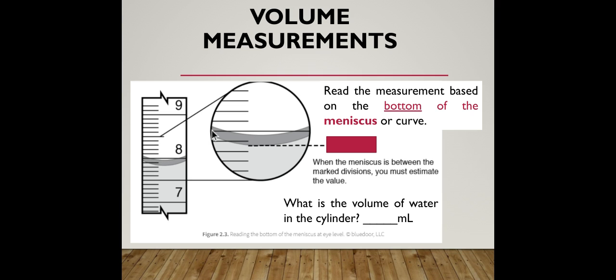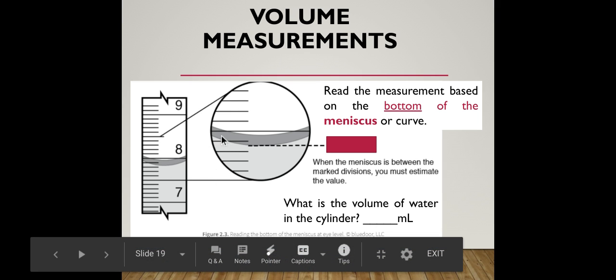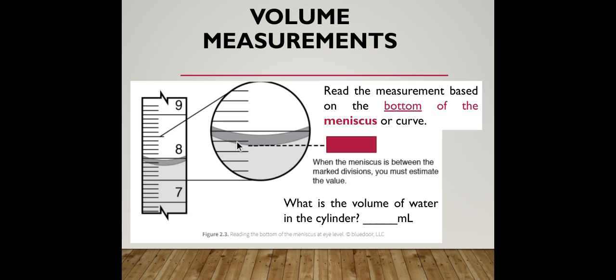So if we were at eye level, that's what this is showing us, we would see that we are at about, here's 8, here's 7.9, here's 7.8. So like 7.85 milliliters of water.